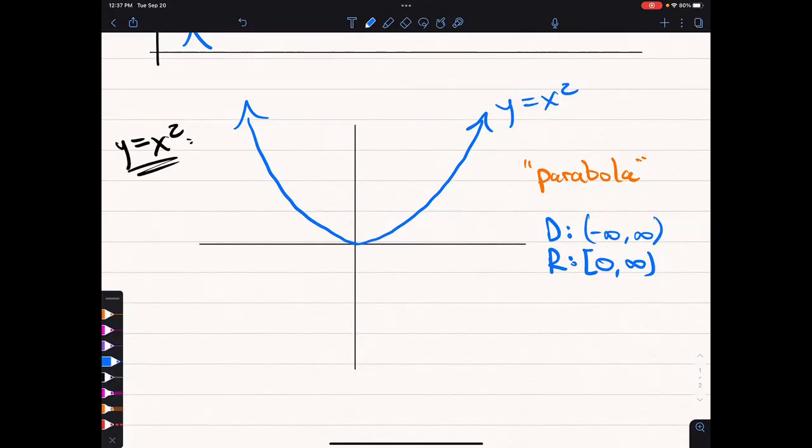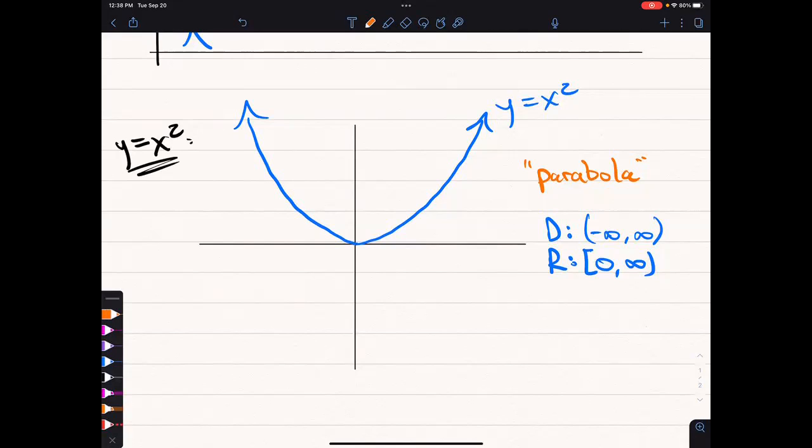If we think about reading the graph left to right, or think about a roller coaster track or something, as you move left to right, the y values are decreasing, right? So this function is decreasing, it's headed down until you get to this point where it stops for a second, turns around, and then starts heading back up, right?